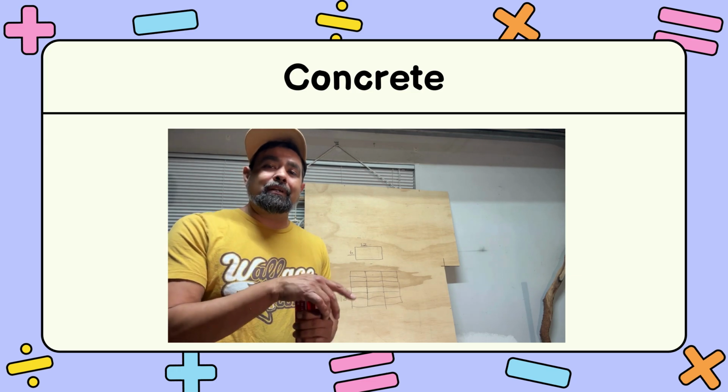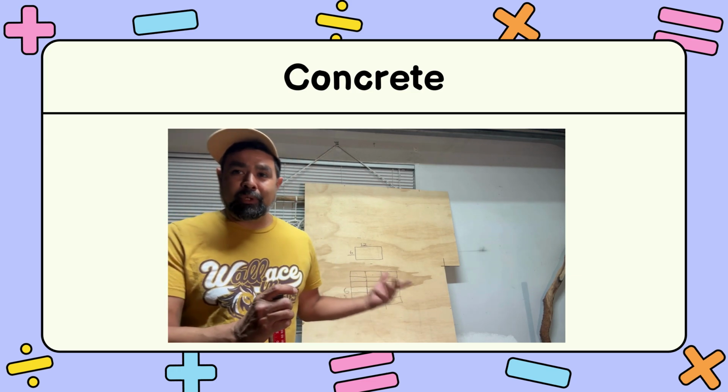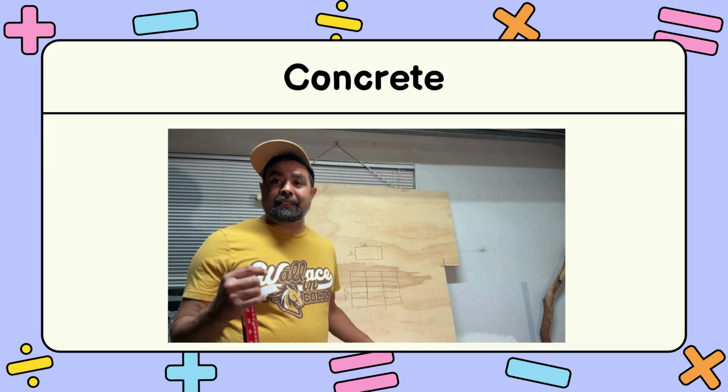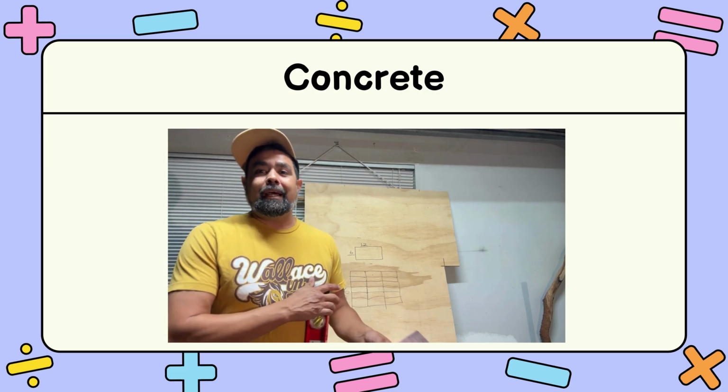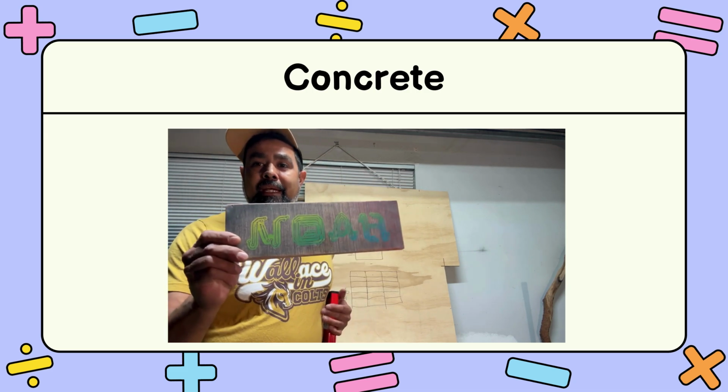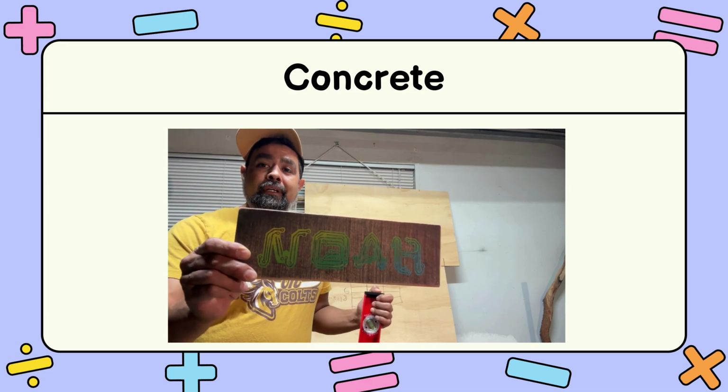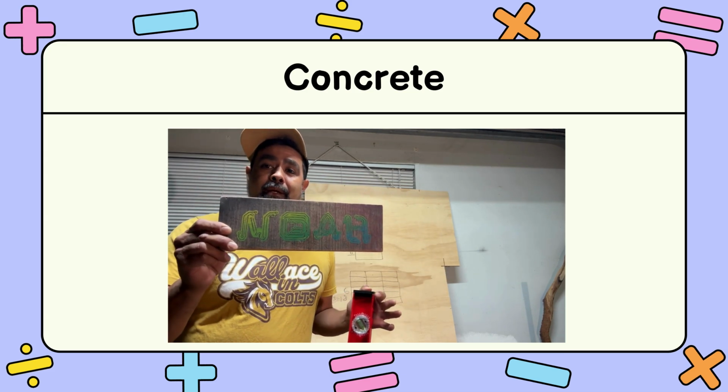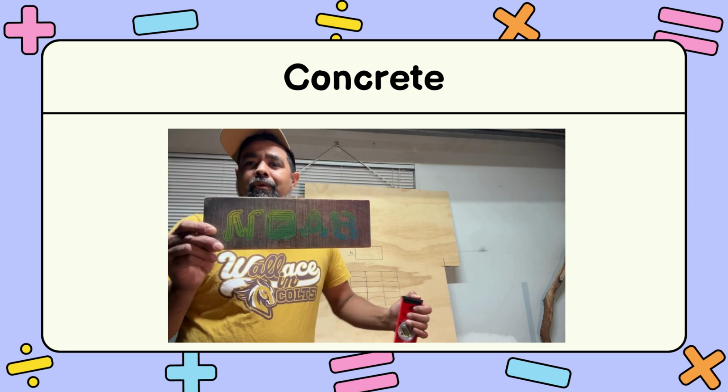But now I'm here to talk to you about how it relates to woodworking and what I like to do. I make signs from wood of students' names or whatever I want.